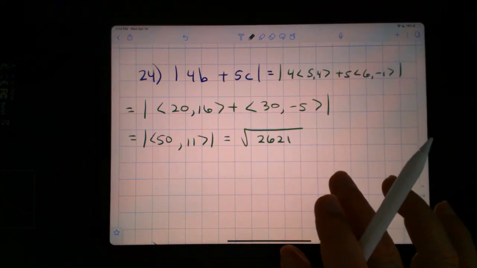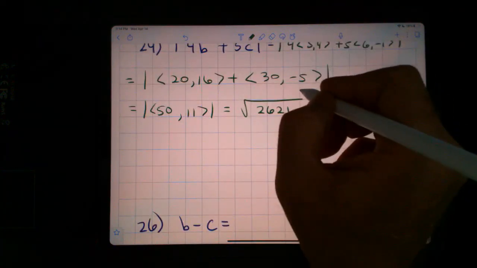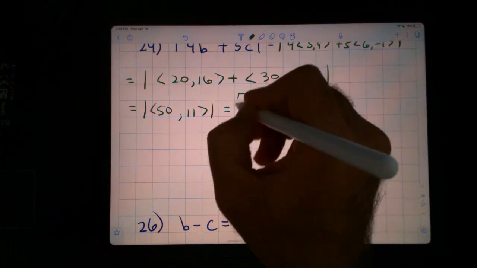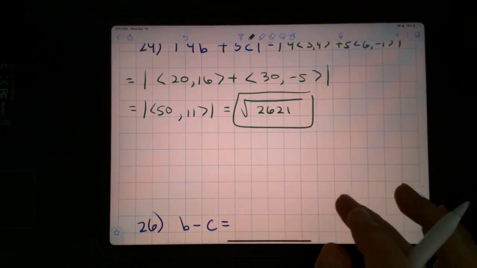And that's the magnitude. That's the size. Okay.